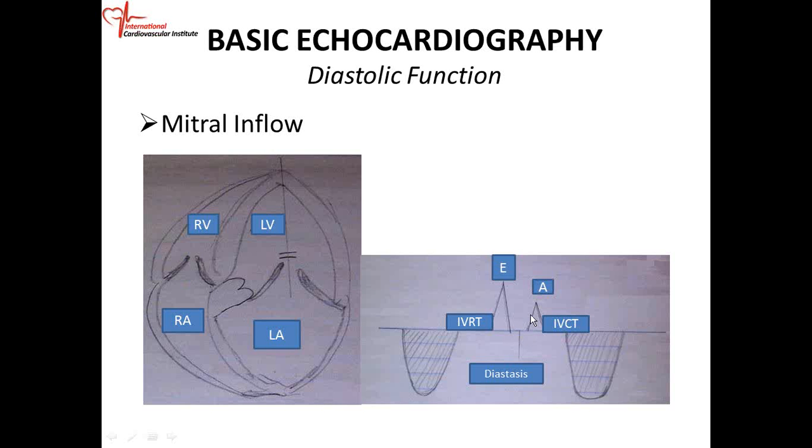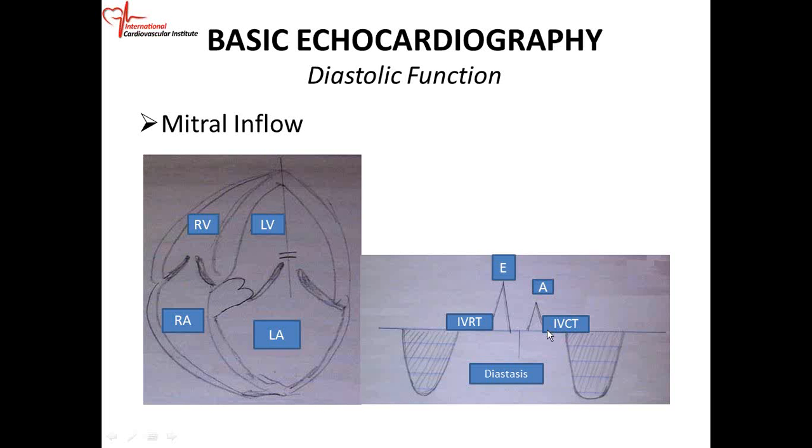Then the atrium contracts and pumps blood from the left atrium into the left ventricle. At the end of that, the mitral valve closes. That ends diastole. Systole begins when the mitral valve closes.